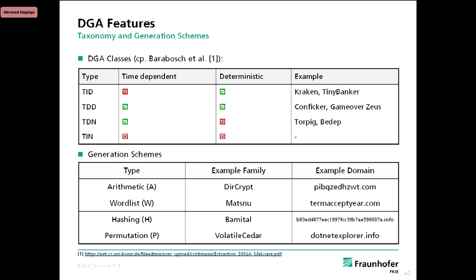In this case, combinations of words that are being randomly picked from one or more lists of words. The third version is hashing, where directly a hash is being used as a domain name. And lastly, there's permutation, which only one family is using. It means that based on the start domain, you would do a permutation of the letters in there.